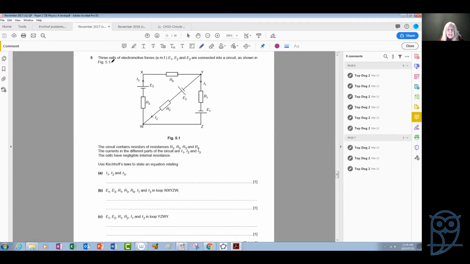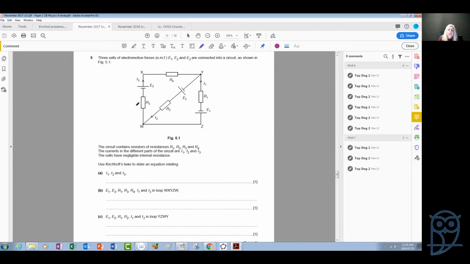Three cells of electromotive forces, E1, E2, and E3, are connected into a circuit as shown in figure 5.1. The circuit contains resistors of resistances R1, R2, R3, and R4. The currents in the different parts are I1, I2, and I3. And they show us where the resistors are, and they also show us some directions of currents.